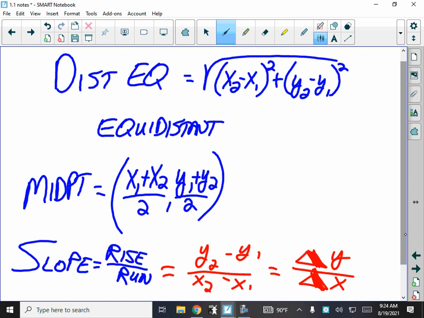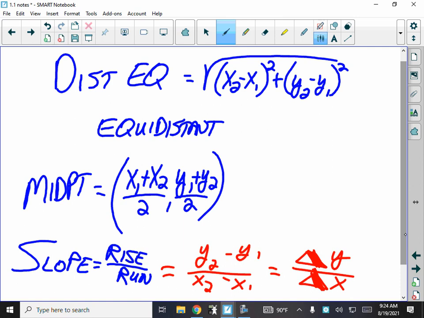Oh, y2 minus y1 over x2 minus x1. Read that again. Y2 minus y1 over x2 minus x1. Your eyesight is pretty poor because my handwriting's awesome. Okay. She agreed.